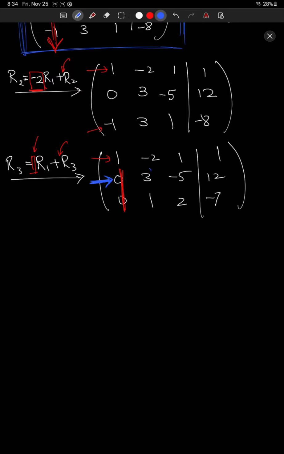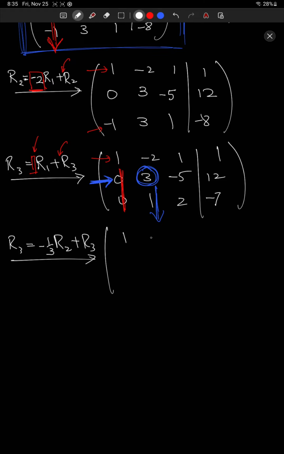So we need to use this 3 term right there to clear everything below it. That means row 3 will change. It will change by minus 1/3 times row 2 plus row 3.